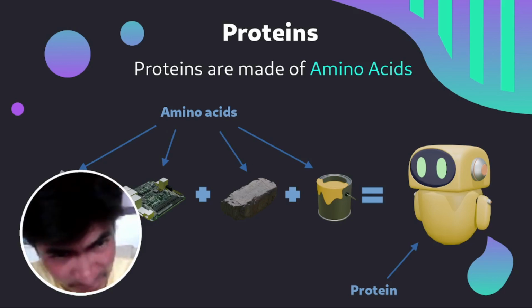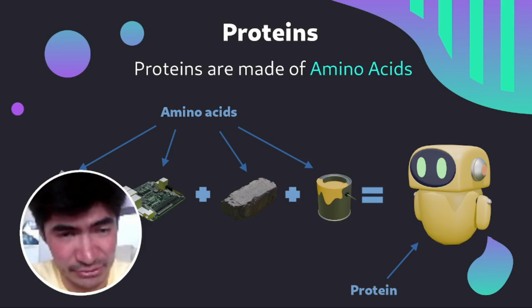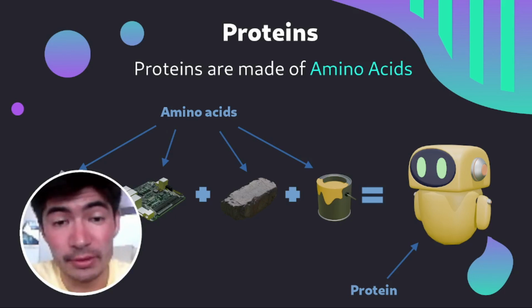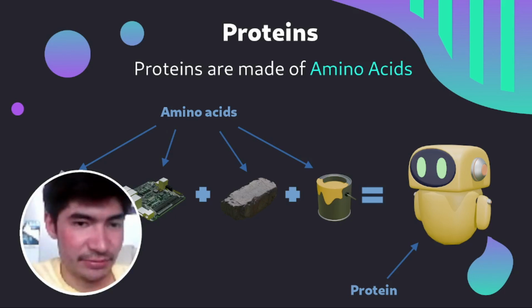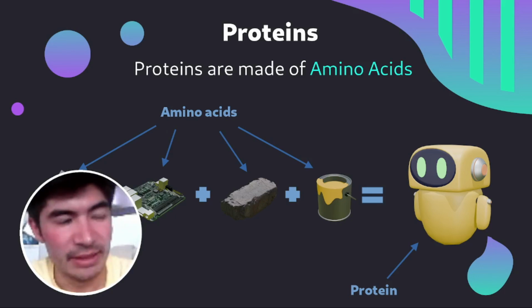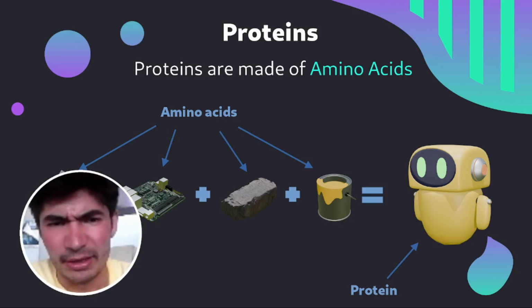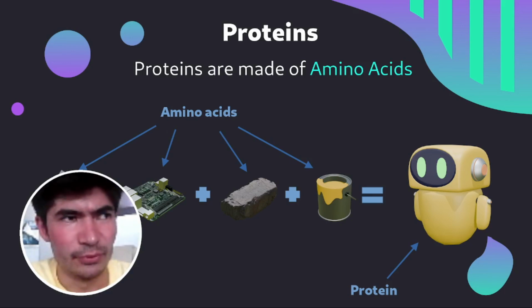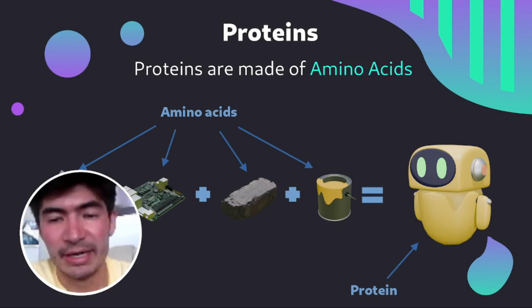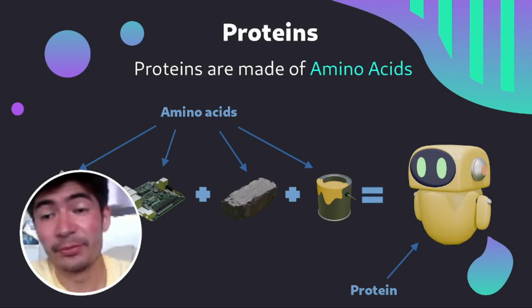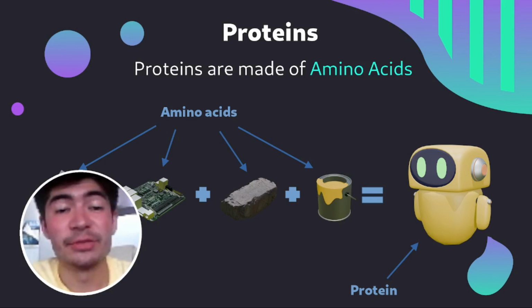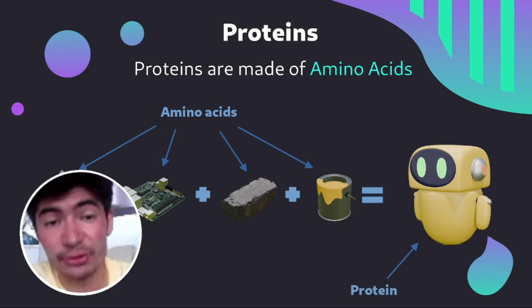That's some sort of like raspberry or something. We need our iron ore, because that's how you make the metal, I'm pretty sure. I'm not really sure how metal is made outside of mining for the ore and then processing it. And then we need our paint. So we have our bucket of paint and all those things together, and we can make a robot. So if those components make the protein, those are amino acids.